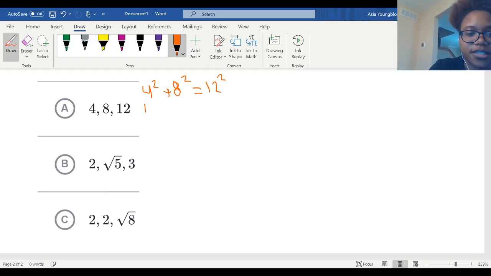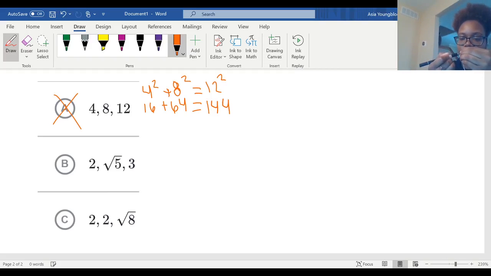So we would get 16 plus 64 equals 144. In your calculator, if you do that, that is not true. So that's why A is not the answer.